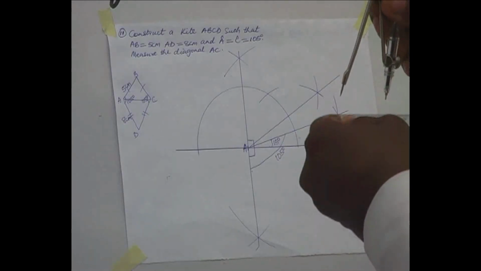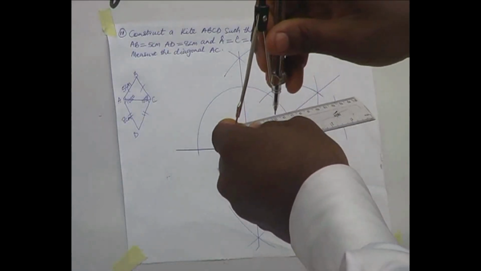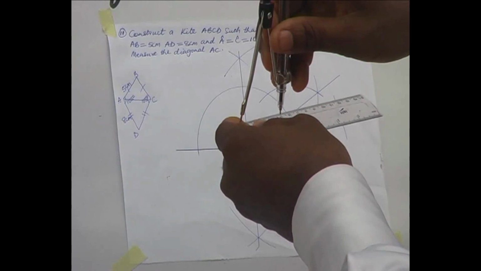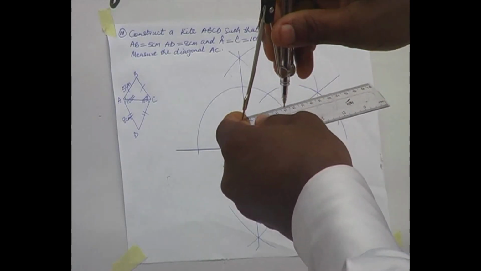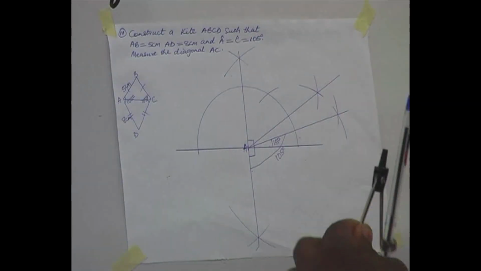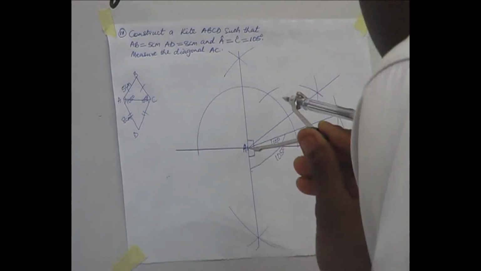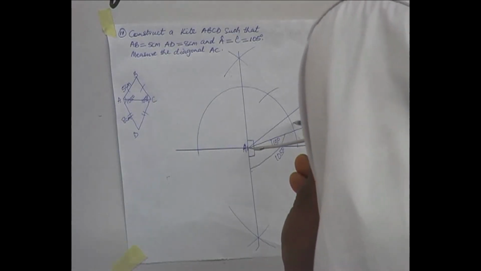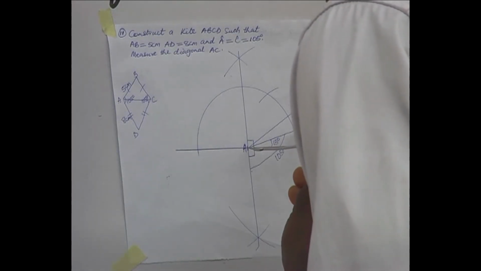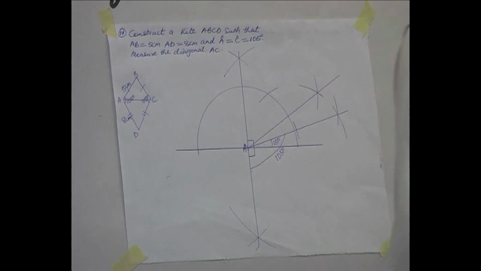I have taught you how to measure out lengths from your ruler. Use your compass. This is 5 centimeters. So put the sharp end here and cut off your 5 centimeters.